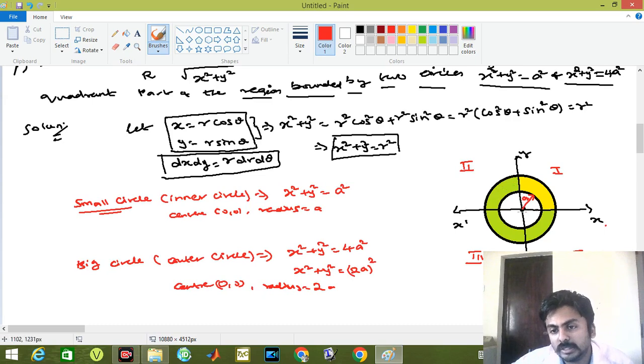So this is a and this is 2a. Definitely you will have some theta for both, and r varying from a to 2a.